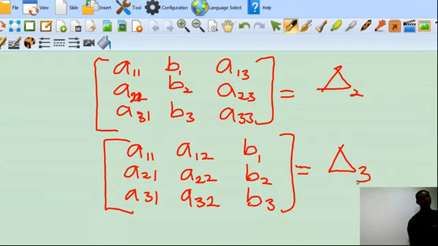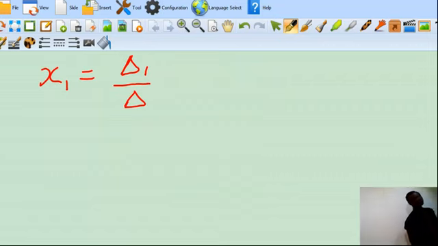Now let's see how we are going to obtain our values for x1, x2, x3 by making use of all these determinants that we have calculated. In order to calculate the unknown, you use this formula.